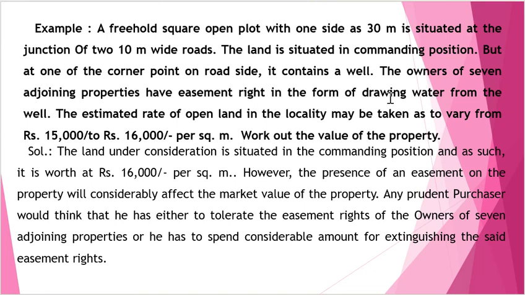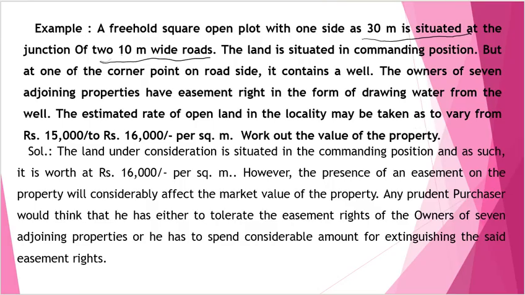So we will be taking another example of how the value of the land or a property will be affected because of easement. A freehold square open plot with one side as 30 meter is situated at the junction of two 10-meter wide roads.